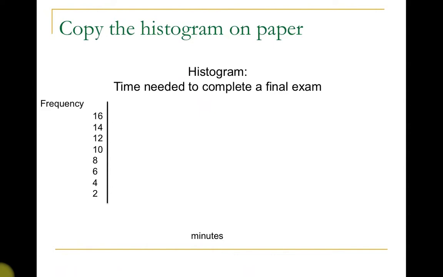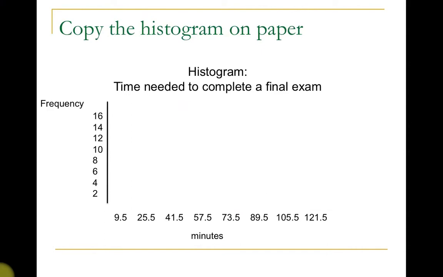I am labeling in increments of 2. So 2, 4, 6, 8, 10, 12, 14, 16. Do whatever is appropriate for the data values in your data set. Maybe it's more appropriate to label by 10s. Maybe it's more appropriate to label by 1s or by 5s. You would figure this out by looking at your data values and deciding what's the best scale.